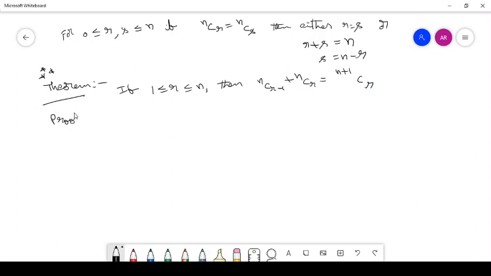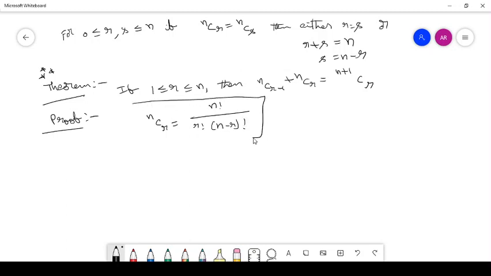Next, proof. Let us prove. We know that nCr is equal to n factorial by r factorial into n minus r factorial. Here we are using this result, by the definition.